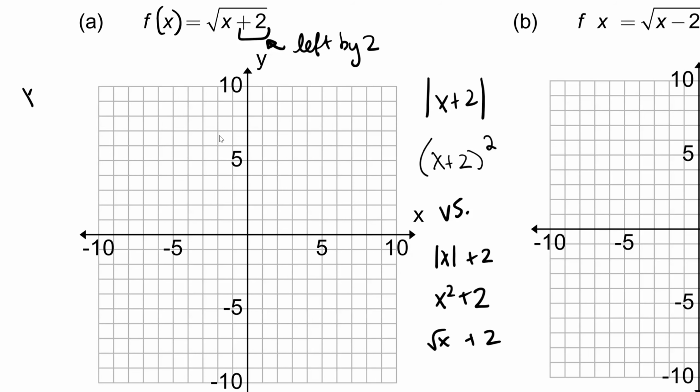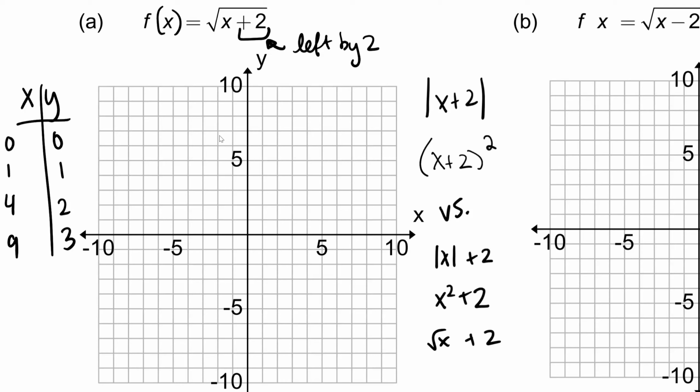So let's write out our coordinates. Originally I had points at 0, 0, 1, 1, 4, 2, and 9, 3. Those were my original points, which we just found up above. That's always what we start with, the parent function. And we just said, how is this different than the parent? Left by 2.